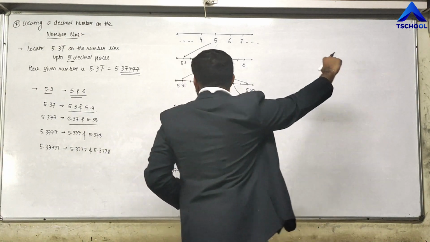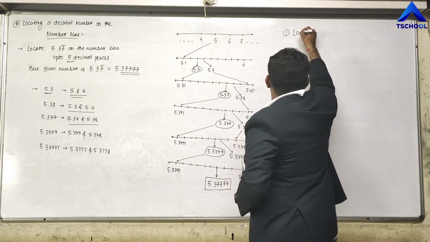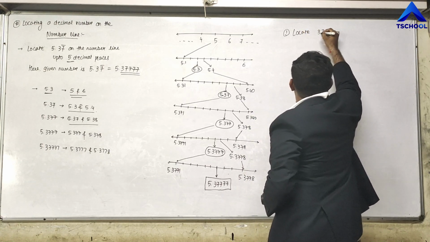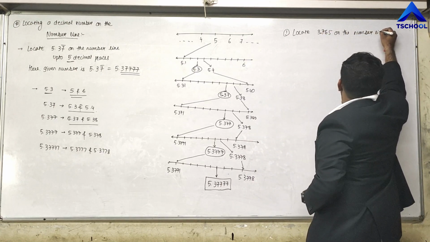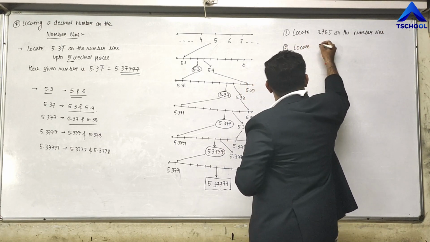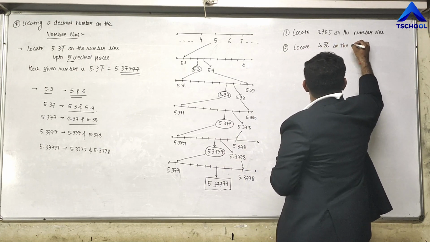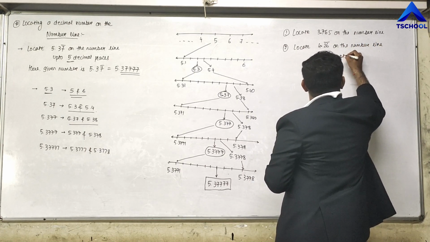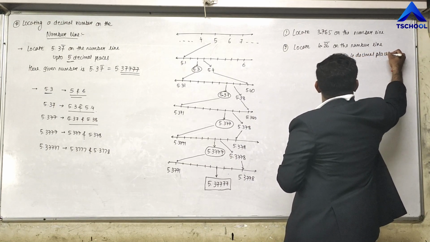Now we are having one or two of the examples that you are going to locate on the number line in your homework. So locate 3.765 on the number line, and the second one, locate 4.26 bar on the number line up to 4 decimal places.